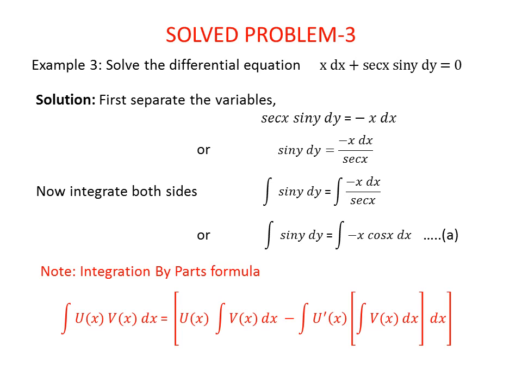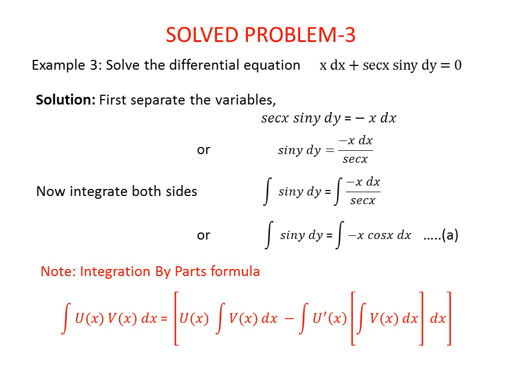The integration by parts formula says that whenever we have integral of the first function u of x, the second function v of x dx, this can be written as, bracket open, the first function, that is u x, multiplied by the integral of the second function, integral of v x dx. This is the first term of the by parts formula.